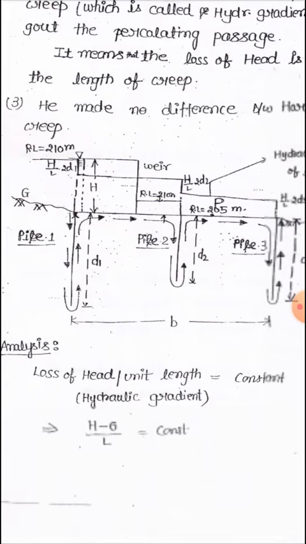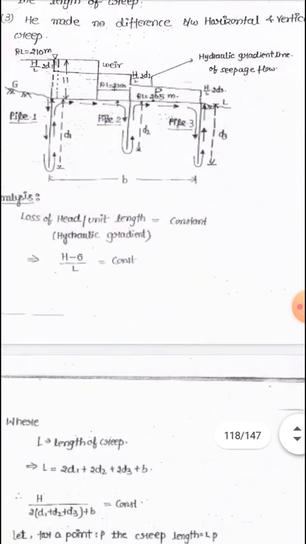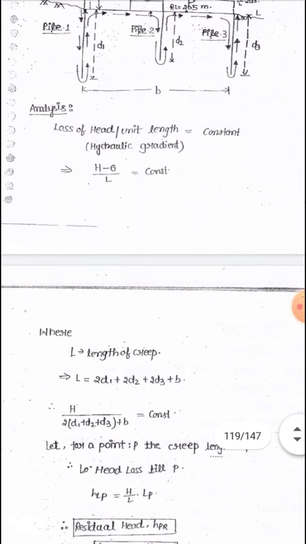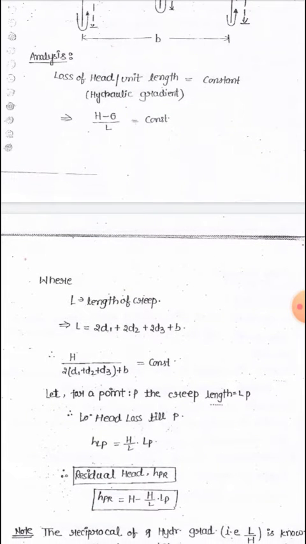In the upstream, the height of water is H1, and in the downstream, the height of the water is H2, so therefore total head loss is equal to H1 minus H2, and the total length of creep will be 2 times D1 plus 2 times D2 plus 2 times D3 plus total width of the floor in the horizontal. So therefore the hydraulic gradient is equal to H by 2(D1 plus D2 plus D3) plus B, which is equal to constant.